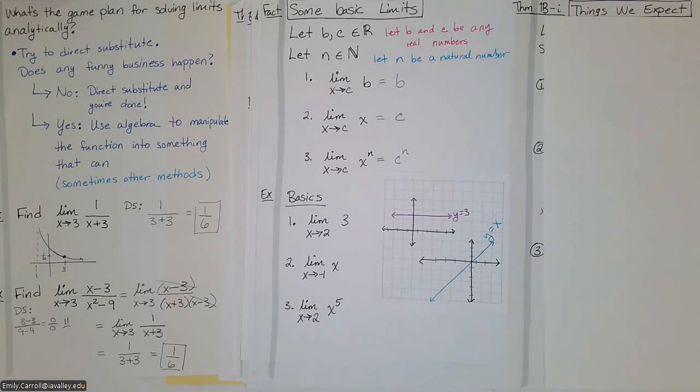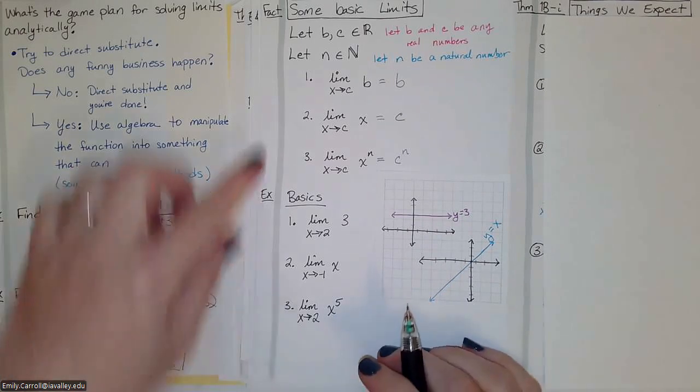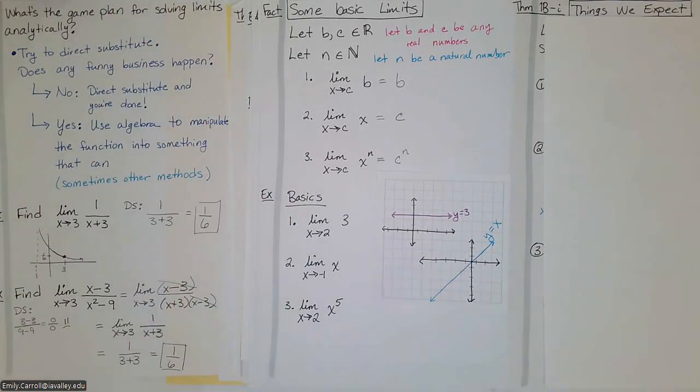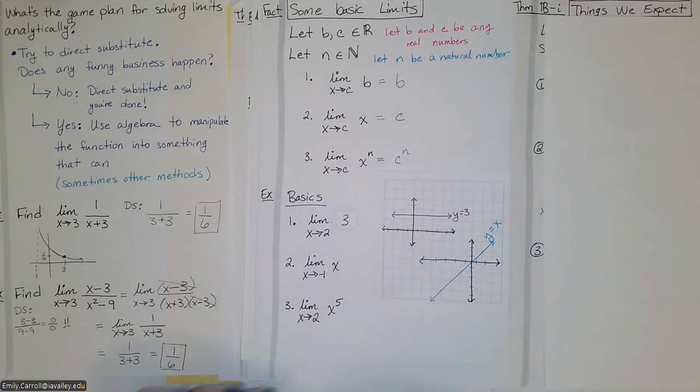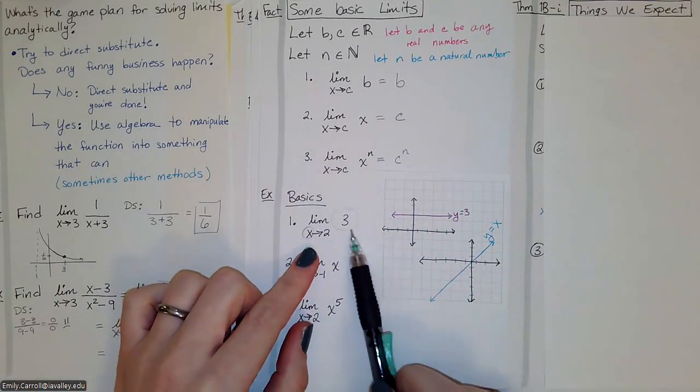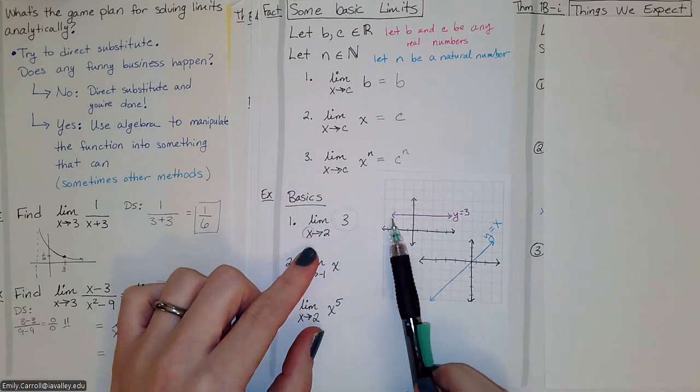If your head is spinning a little bit looking at all those letters, let's try it with some concrete examples. So 1, 2, and 3 corresponding to 1, 2, and 3 down here. Consider the limit as x goes to 2 of 3. Whatever appears here, we're thinking of that as a function of x. This is the function y equals 3, which is a horizontal line.